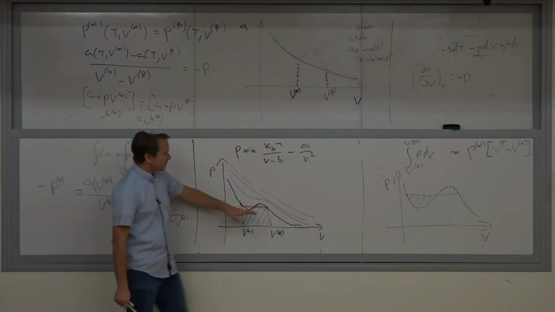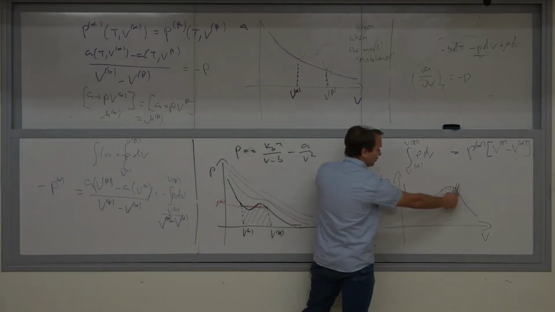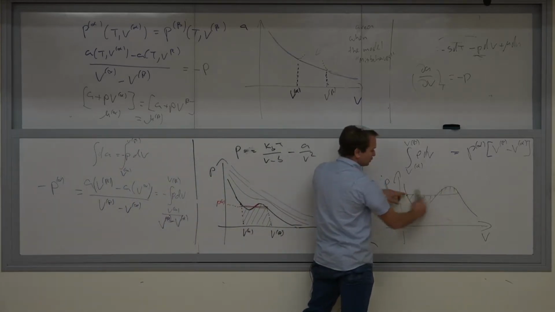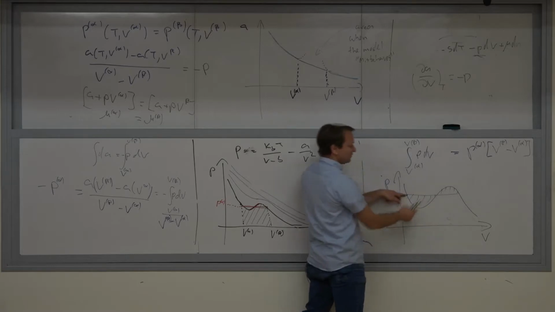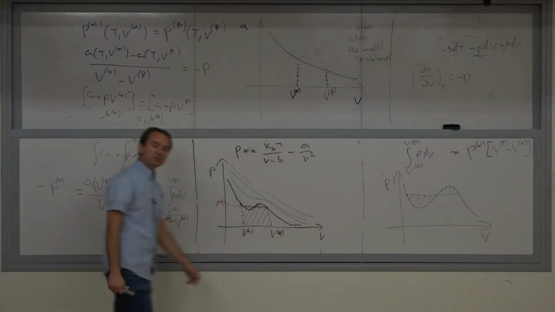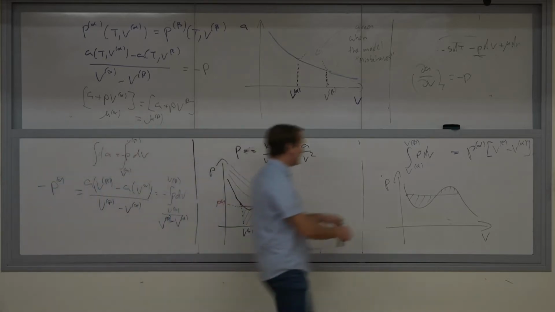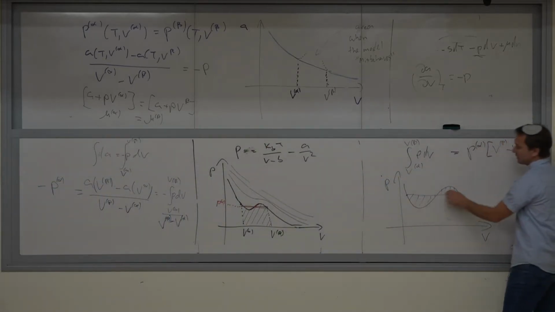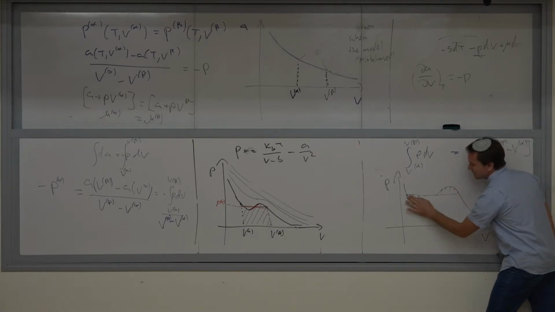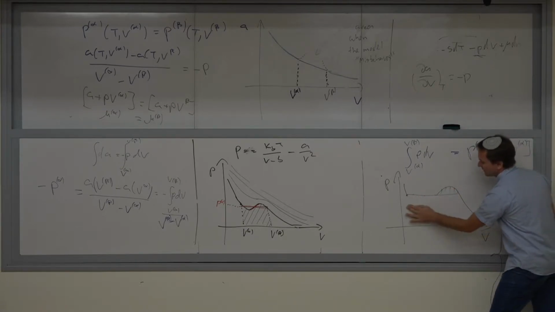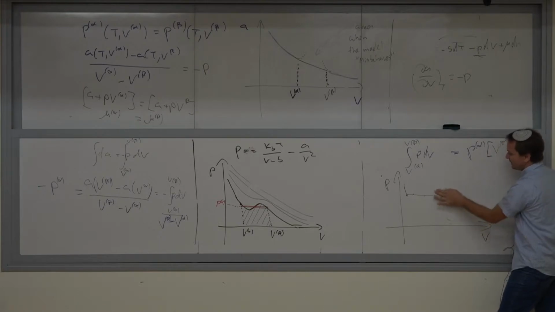It says the integral of this function equals the integral of the constant function. What Maxwell actually did was say, well, I don't know about this part and this part. Something really peculiar happens here, so just replace it. This is the Maxwell construction.